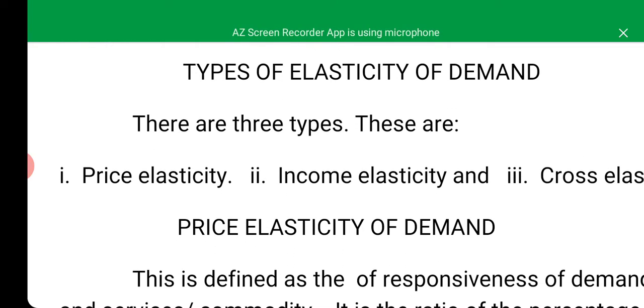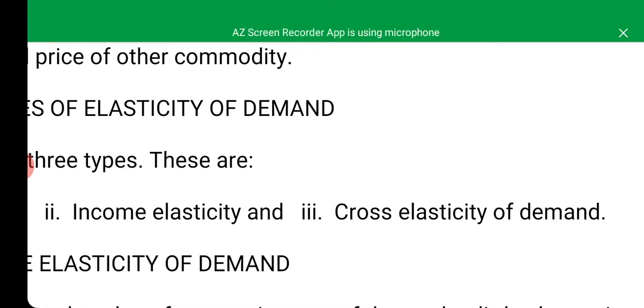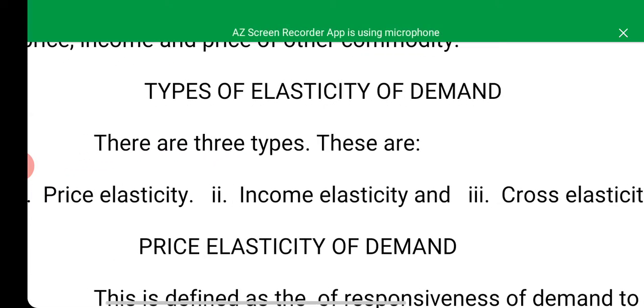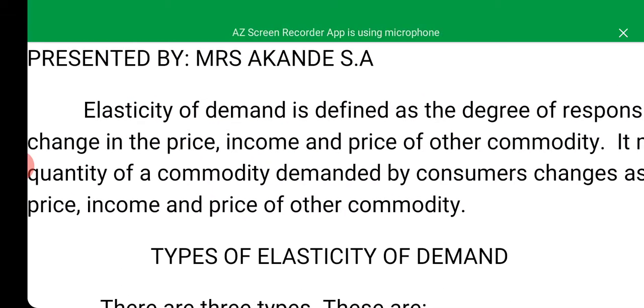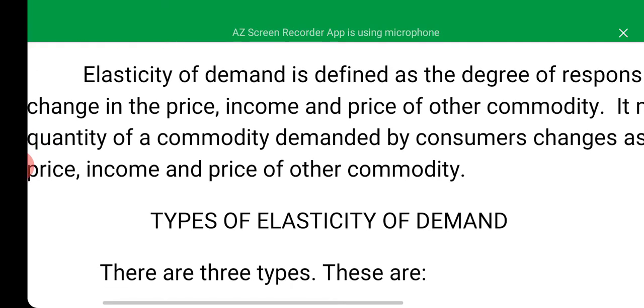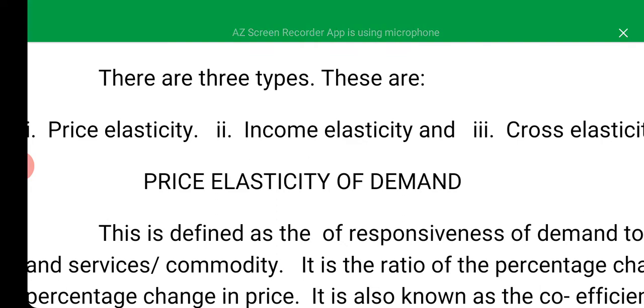There are three types, as I've said earlier. We have price elasticity, income elasticity, and cross elasticity of demand. I used to tell my students that the definition given here for elasticity of demand can be referred to as the surname for the three types. The surname that combines the three of them together.